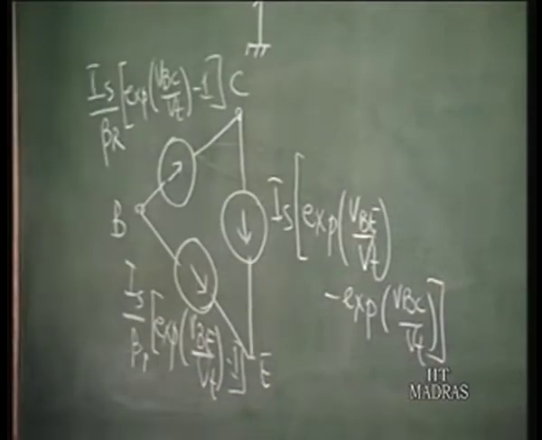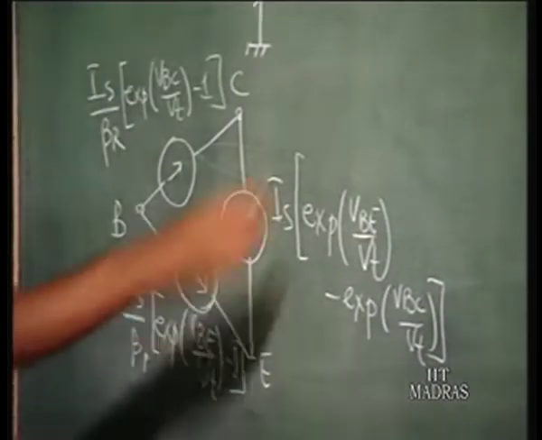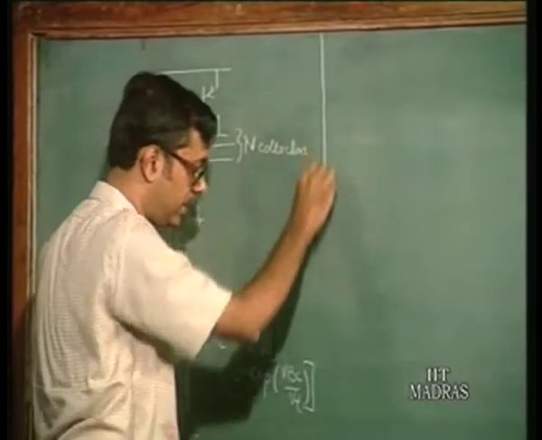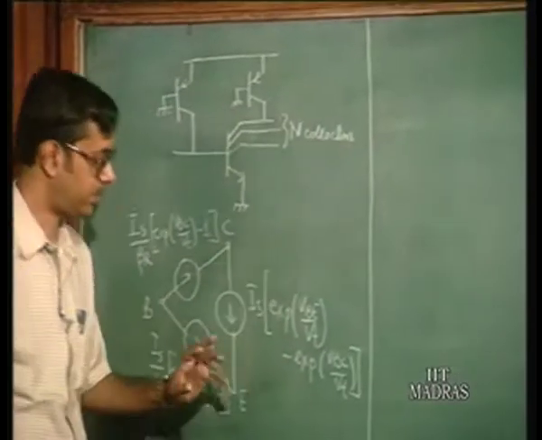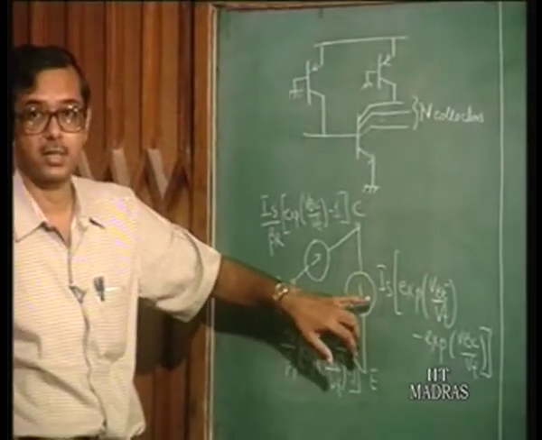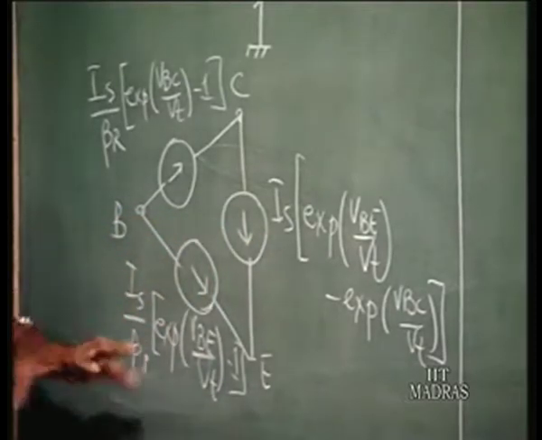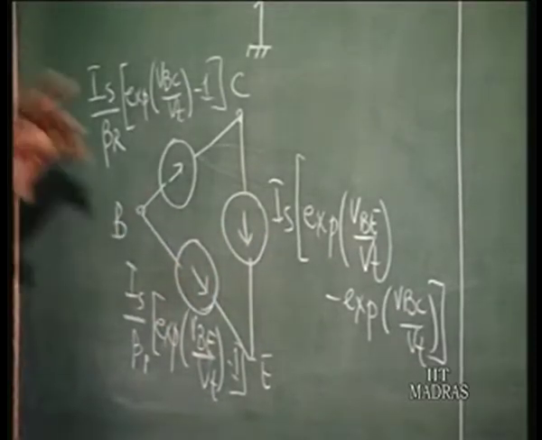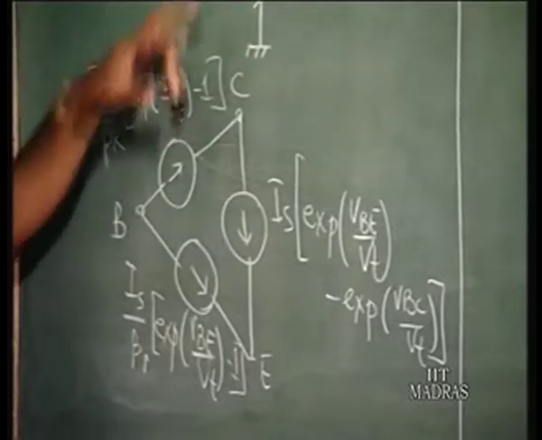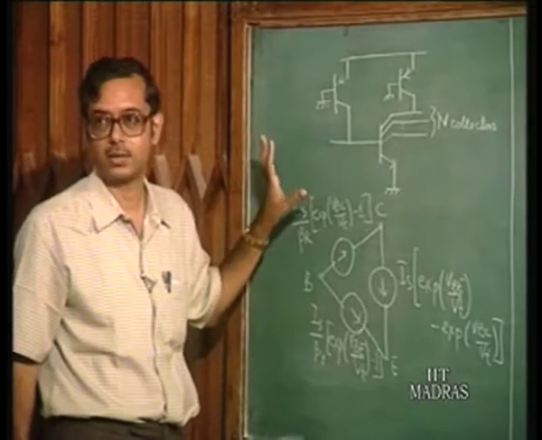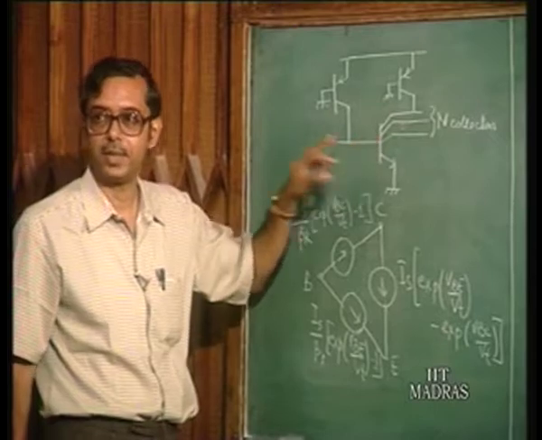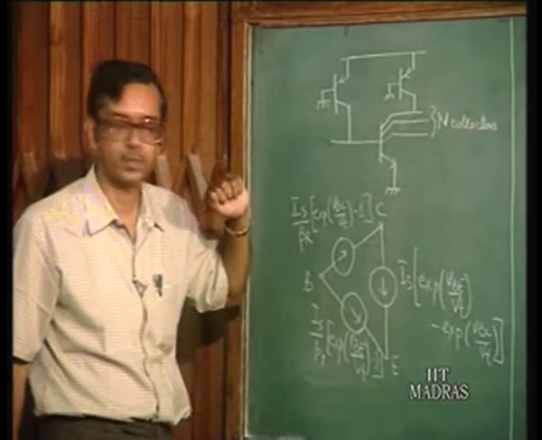So using this model we will try to derive a condition for the values of these parameters of the individual transistors, that is IS and beta, of the NPN and PNP, which must be satisfied so that this cell works, that is, this NPN transistor goes to saturation.